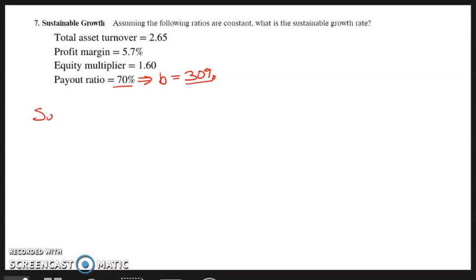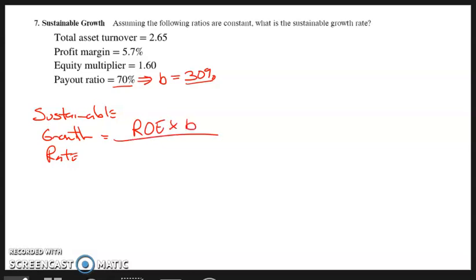So the sustainable growth rate is ROE times the plowback ratio divided by 1 minus ROE times the plowback ratio.